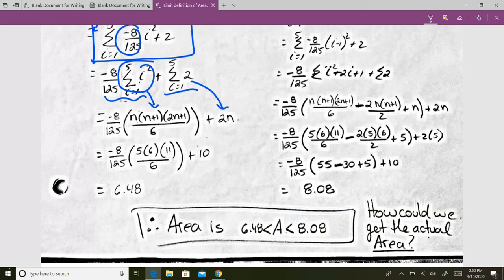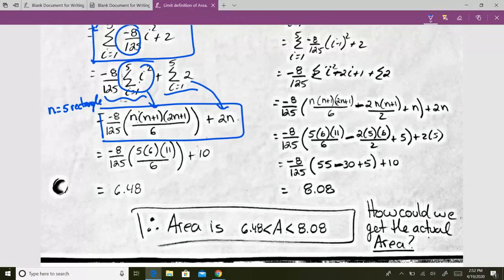Once I'm at this point right here, I plug in what my n is. Remember, n was 5 rectangles. So I just plug in 5. Boom, boom, boom, boom, boom. Add them all together. I get 6.48.